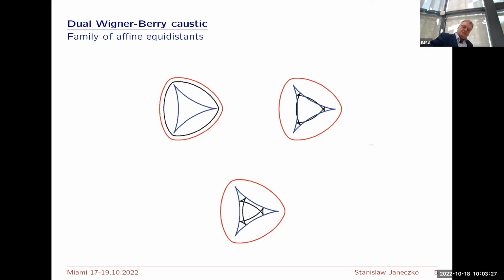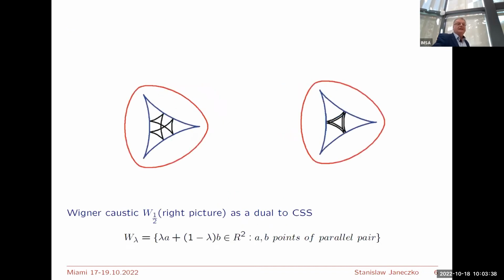So over this center symmetry set, this affine equidistance is moving to some point, where it is just another curved triangle from the right picture, and this affine equidistance is expressed by this W lambda curve, which is just a linear combination with lambda. So lambda is a distance.